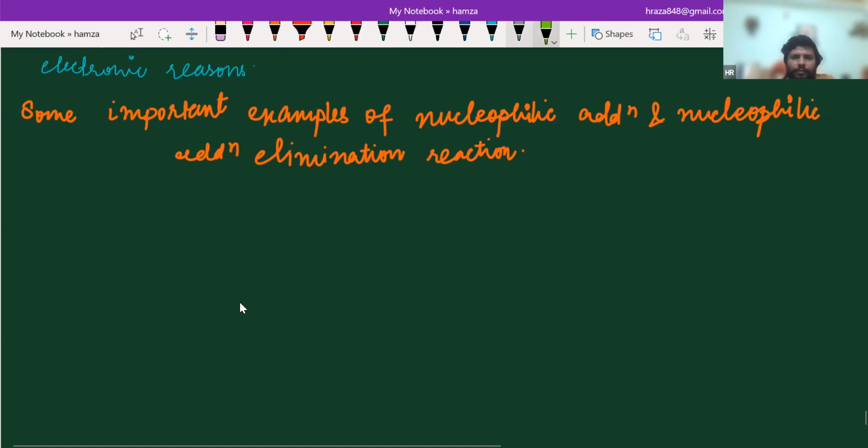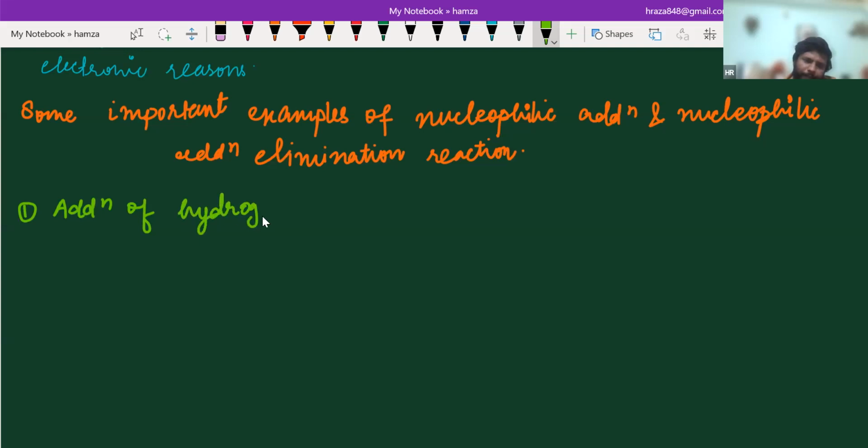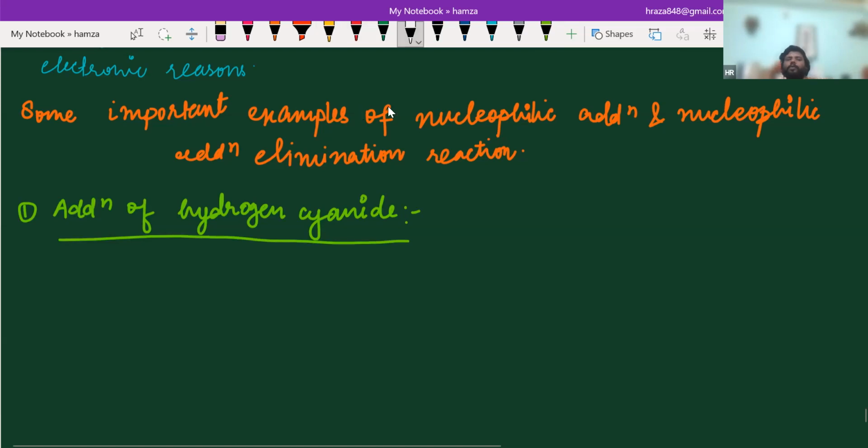Now see, we have the first example as addition of hydrogen cyanide. So I'll explain the reaction first, then I will write some points about it. We need to do this addition of hydrogen cyanide in carbonyl compounds, only in aldehyde and ketone here.